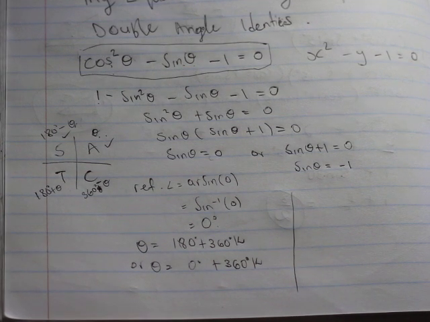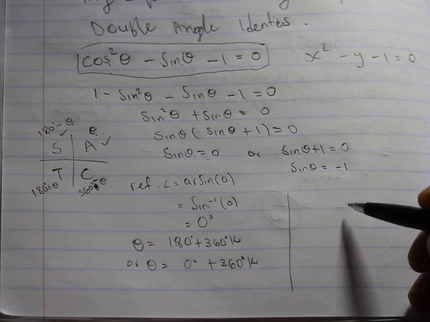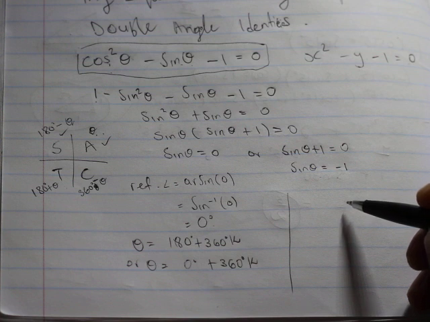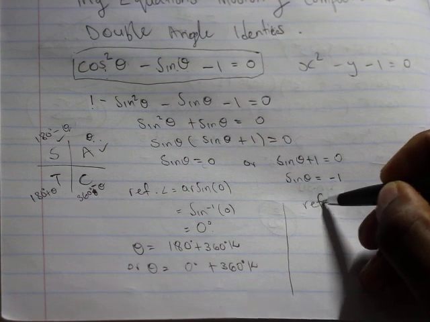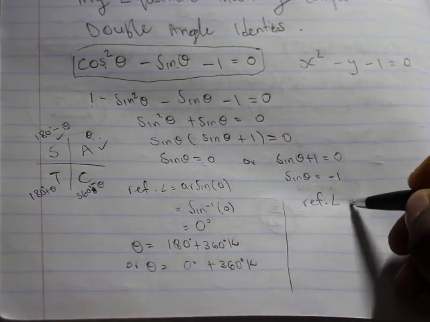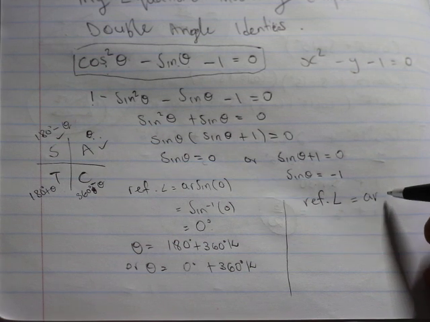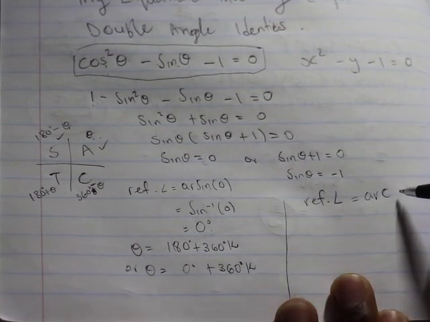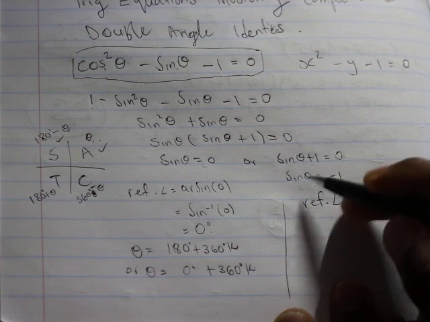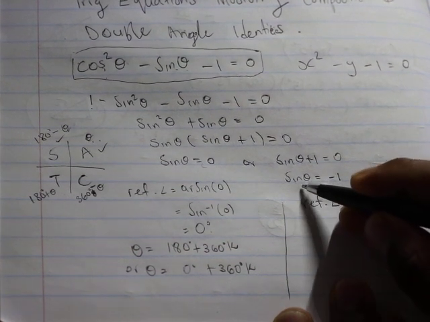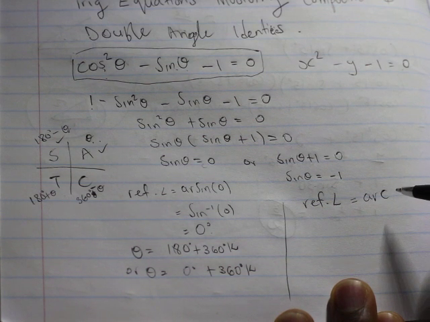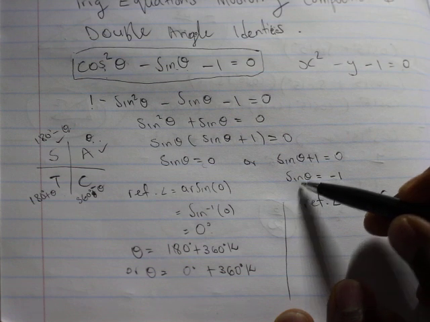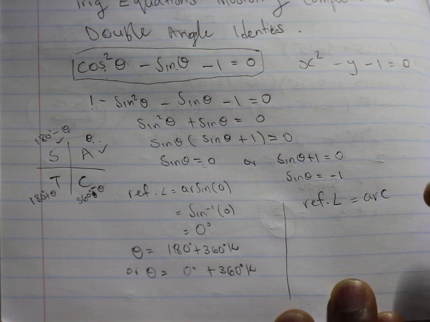So now what we need to do is find the reference angle. The reference angle is always equal to the arc trig ratio, whatever trig ratio you're given. This time around we're given sine. If it was cosine, we'd say arc cosine. So arc just means that instead of just pressing sine, you're going to say shift sine. Do you understand?